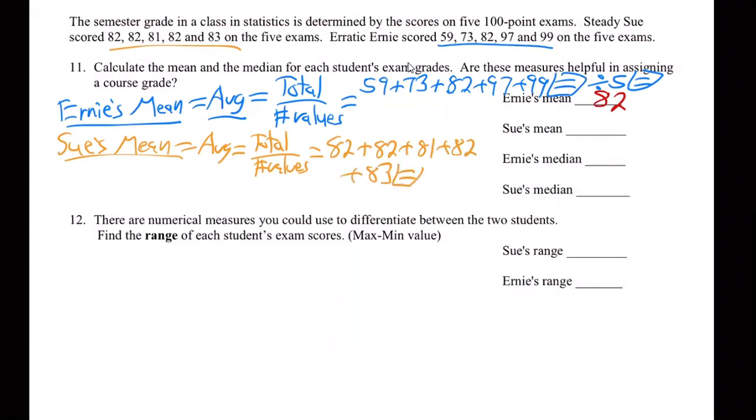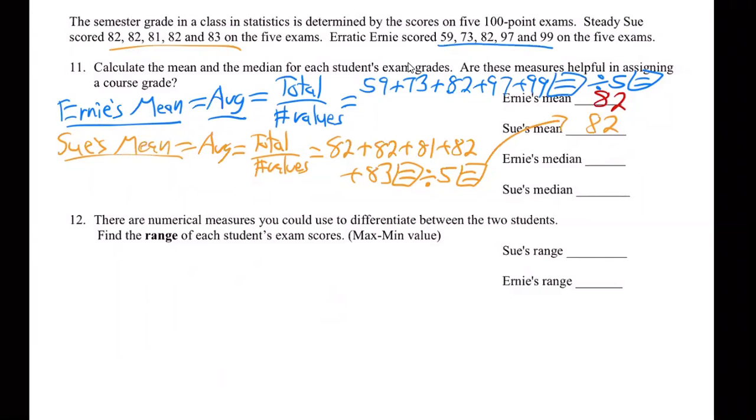Then remember to hit equals and then divide by 5 and then equals, right? So again, what you get is another 82. So they both have the same mean. They both have the same average.